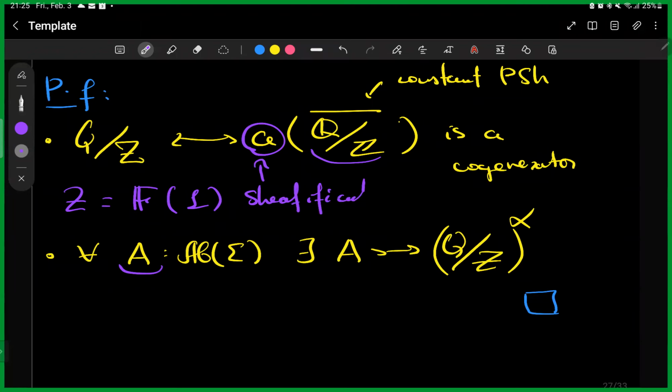So you can consider a constant pre-sheaf. If you have any abelian group, then you can take a pre-sheaf that has value equal to this abelian group on any object of our site. But then you need to sheafify it to obtain actually an object of our topos. So that's why we have this thing here.